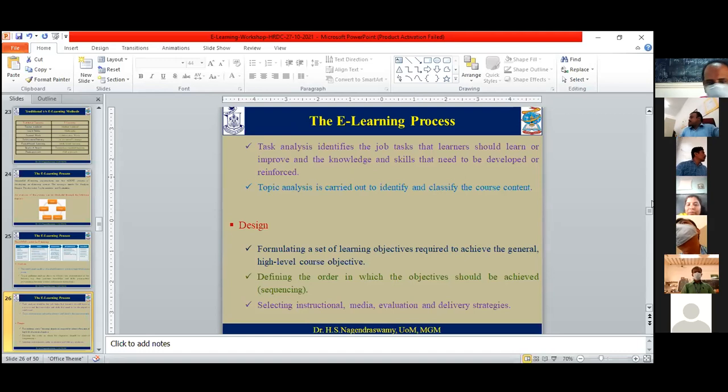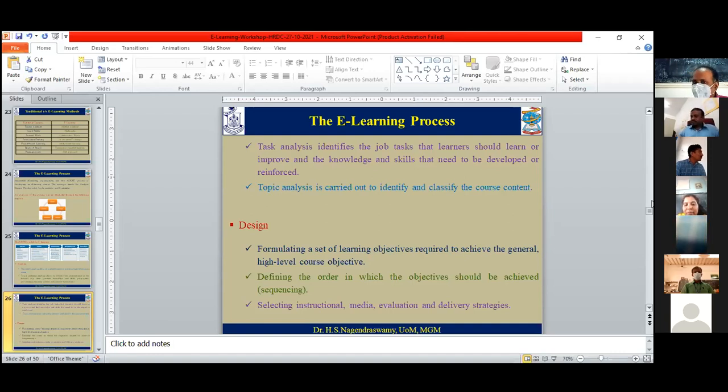Even today, the technology is there, like augmented reality, where you can provide a virtual environment to the student where he can feel and learn better. So that is formulating a set of learning objectives required to achieve the general high-level course objective. How to learn, that pedagogy needs to be understood.